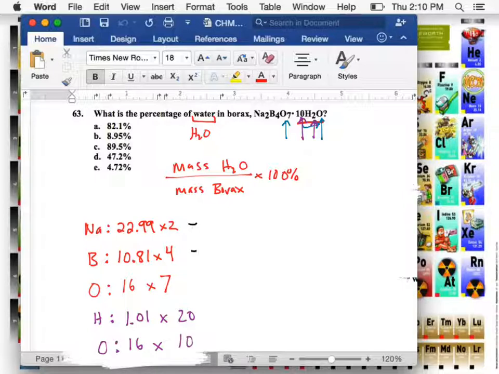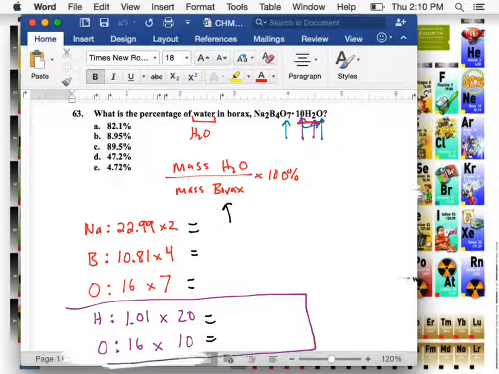I'd go through, determine what all these numbers were, and the sum of all of those gets me the mass of borax. How do I get the mass of water? If I split the oxygen, it's just the mass of those last two. If I didn't split the oxygen, I have to go through and re-add everything. So by splitting it out, that can help me do the addition.